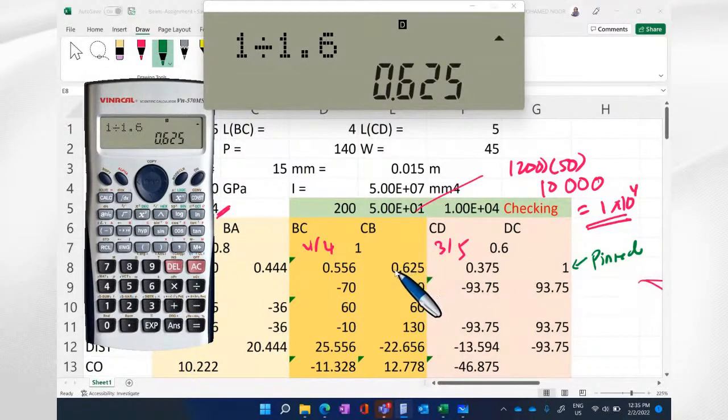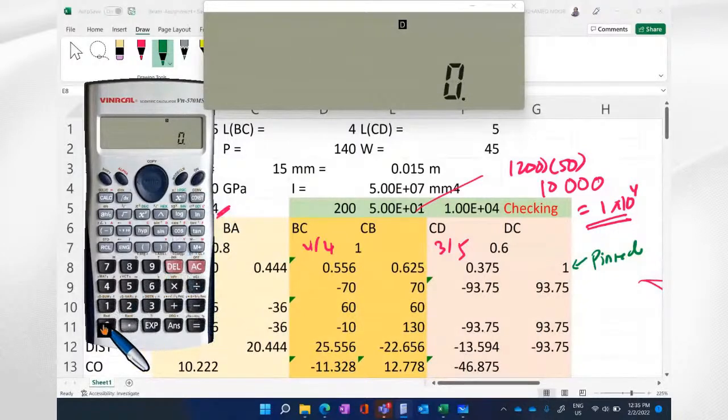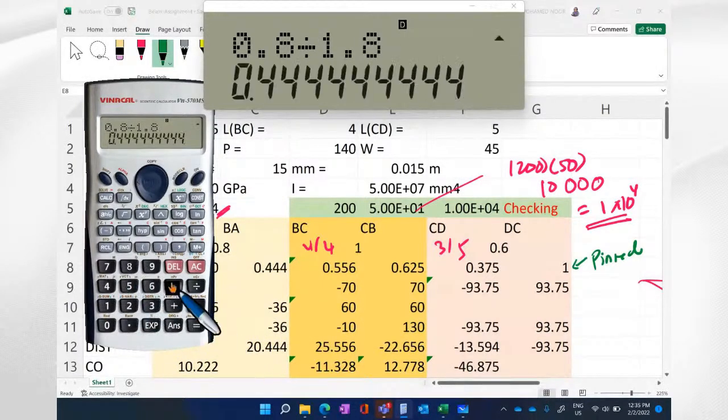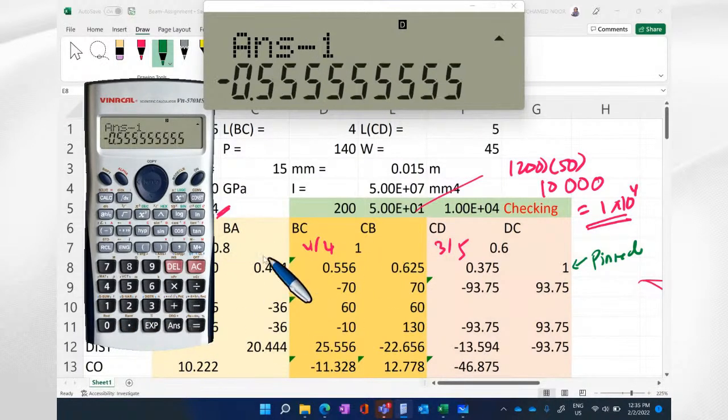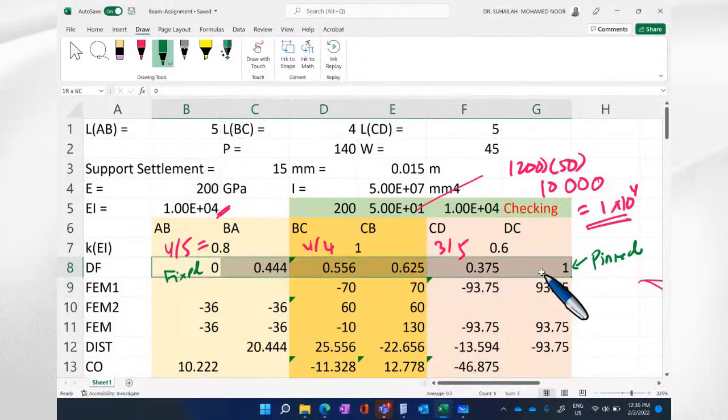It is 0.625, and 1 minus 0.625 gives 0.375. Same goes to the previous one: 0.8 divided by the total 1.8 gives 0.444, and 1 minus 0.444 gives 0.556. So this is the distribution factor.